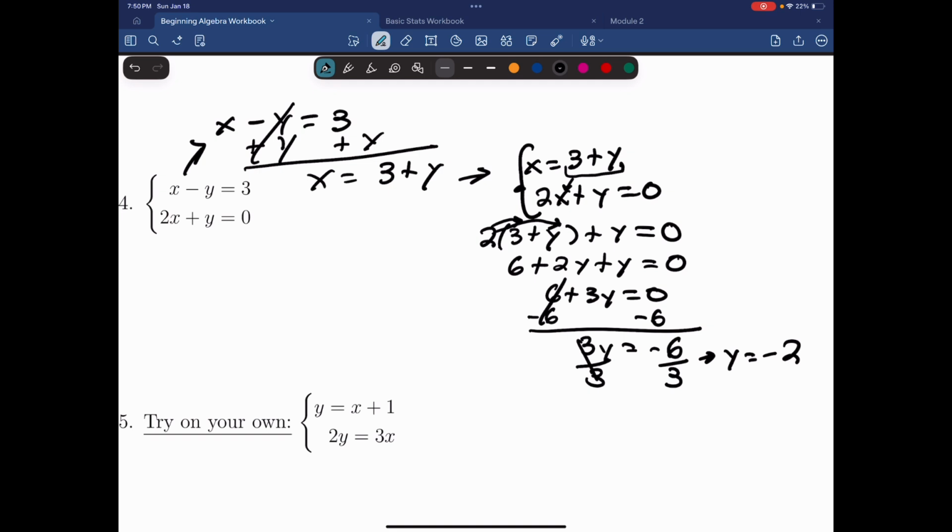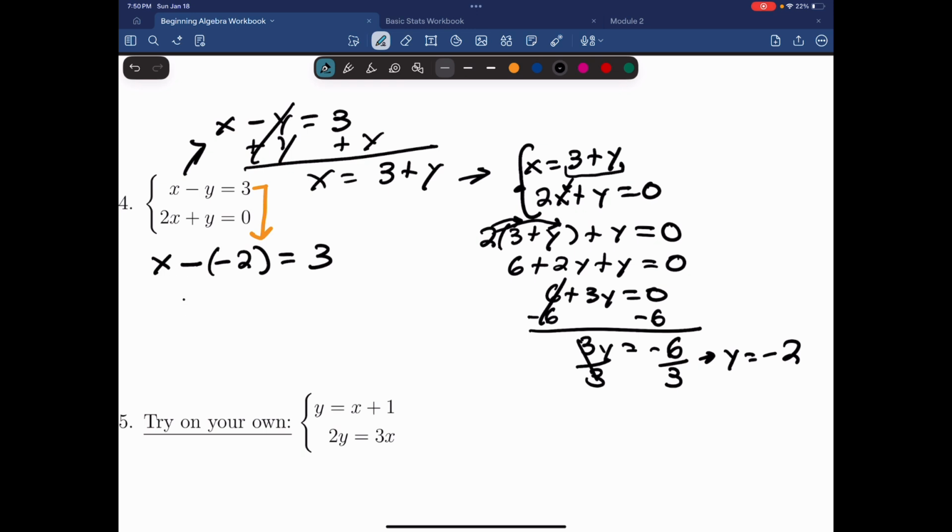Now we have to take what y is equal to and substitute it in to solve for x. So I'm going to substitute y into this top equation here. So we're going to get x minus y, which is negative 2, equals 3.